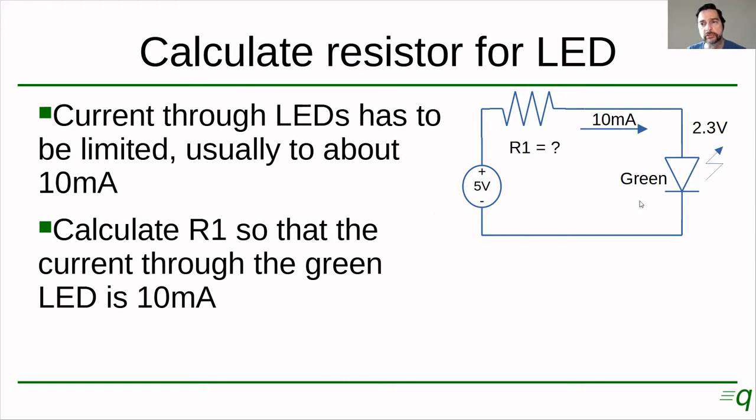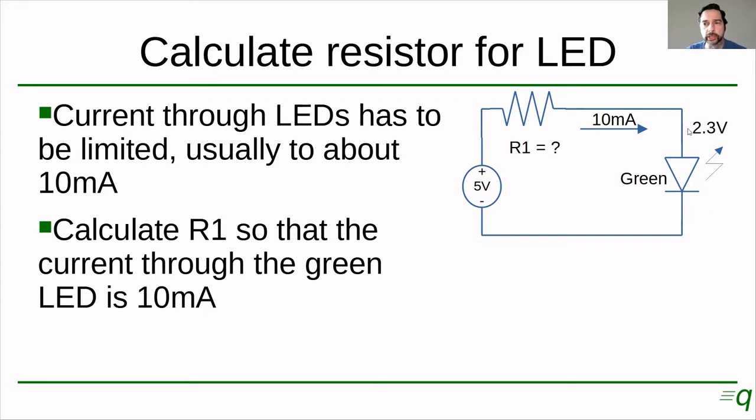So our problem would be if we want to turn on this green LED with a 5-volt power supply, we know that we want about 10 milliamps going through the LED. So let's calculate R1, that resistor. How much is that going to be? If you recall the problem about KVL or Kirchhoff's voltage law, this is very similar, right?